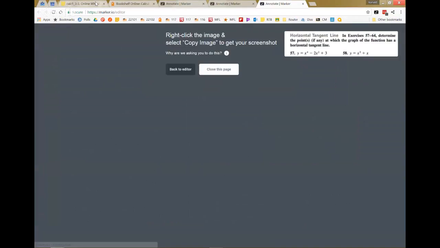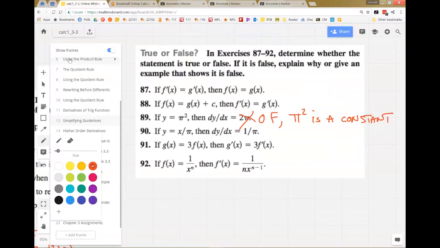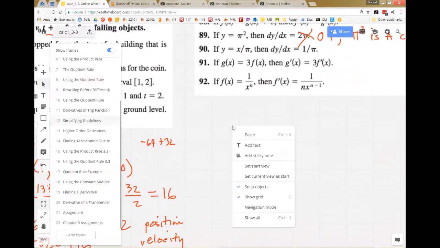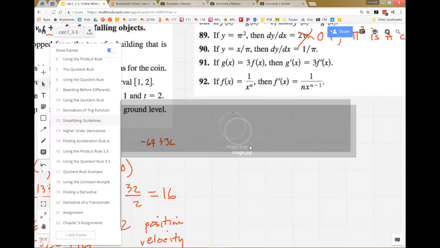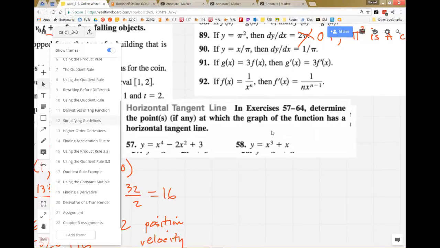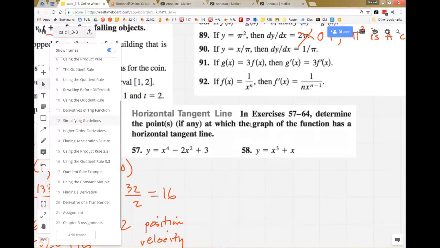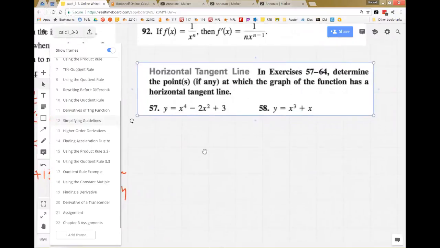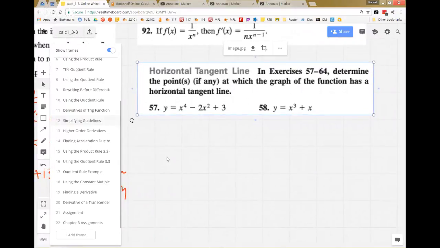Copy. Okay, so get this in a little better position. All right, so determine the points, if any, at which the graph of the function has a horizontal tangent line.